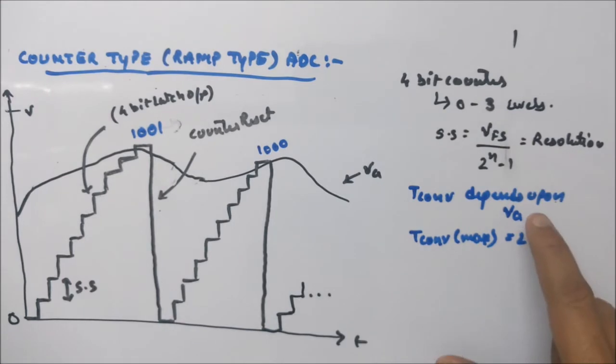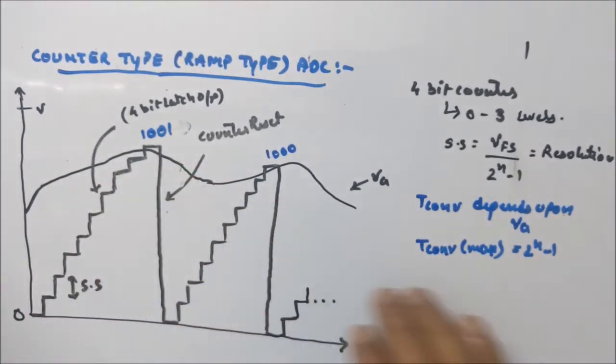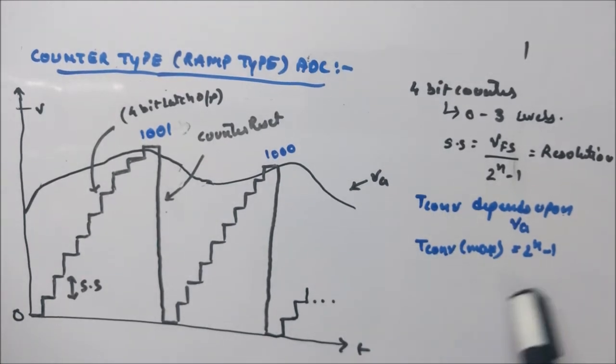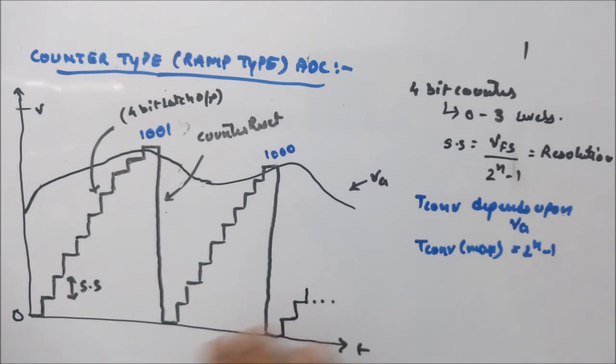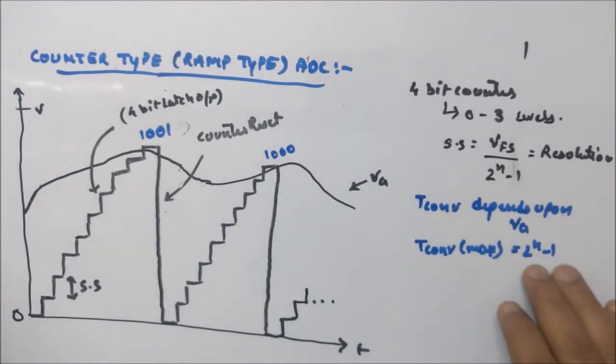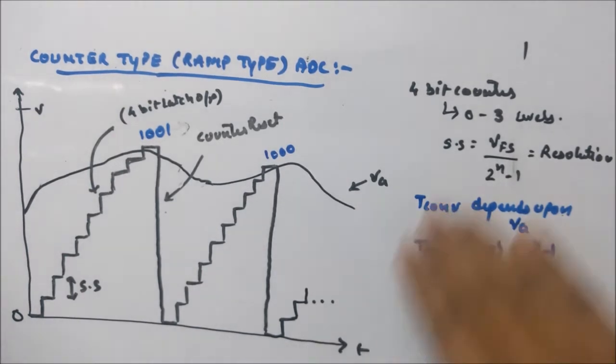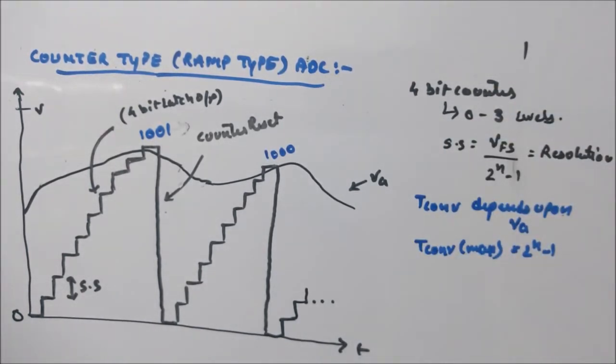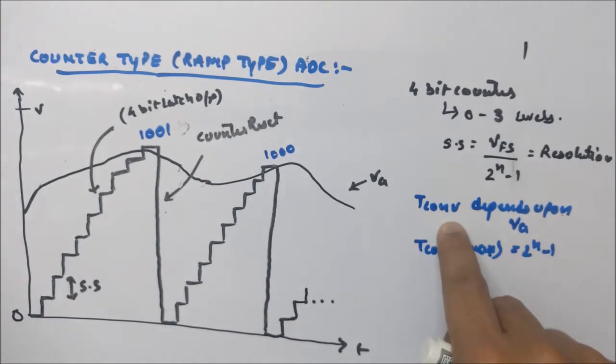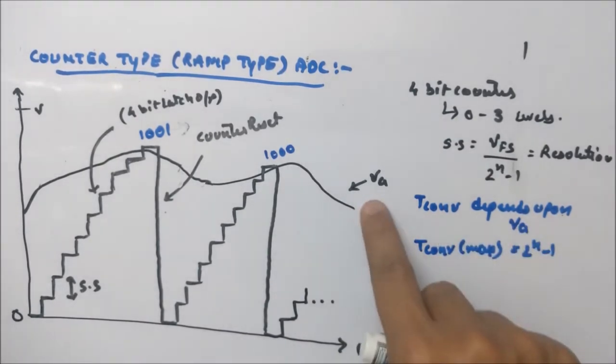Whatever the exact conversion time will be, that will be dependent upon VA, but the maximum conversion time will be 2 to the power n minus 1, because the counter can only count 2 to the power n minus 1 counts. That is the maximum the counter can go, and that is the reason the conversion time is 2 to the power n minus 1. This is the maximum, but the exact conversion time depends upon the value of VA.